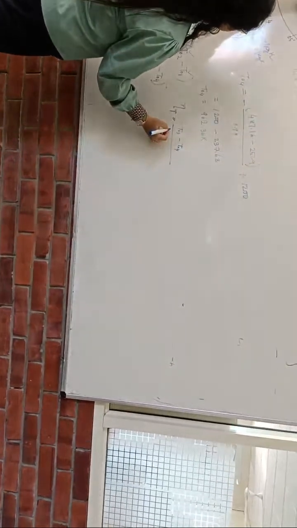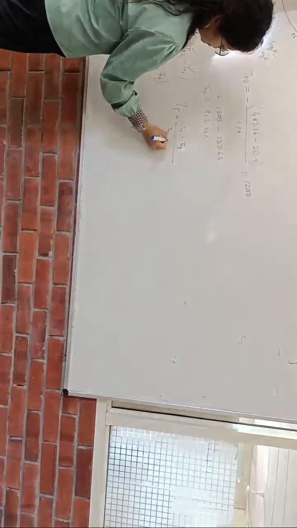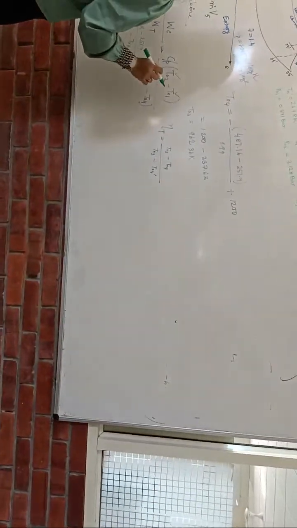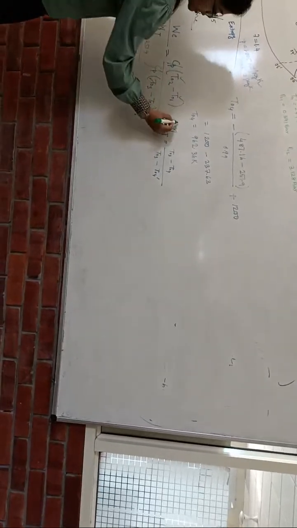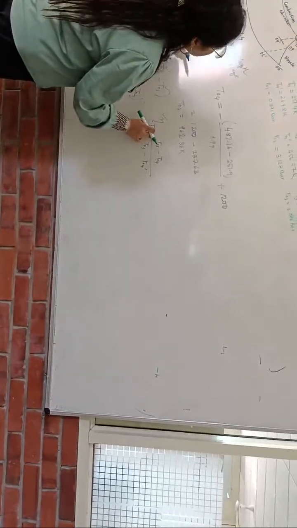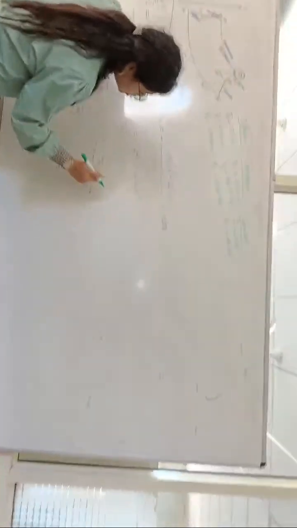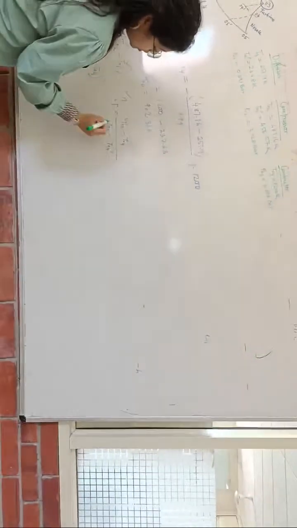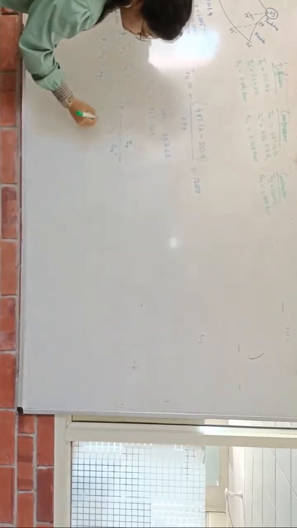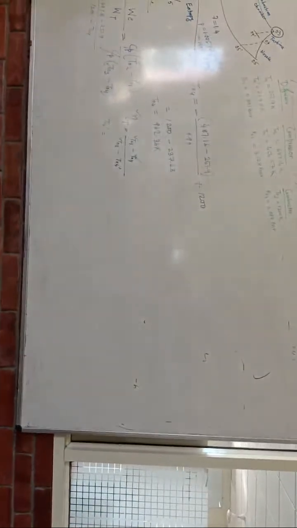Then ideal means T0 3 minus T0 4 prime. Now here we know all the values. The eta T value is given in the problem. T3 value is known. T4 we got from here.